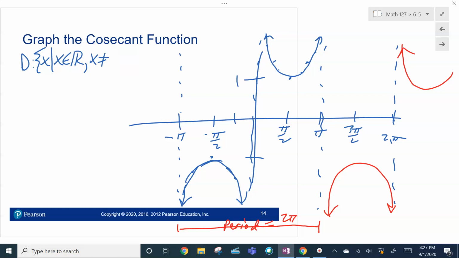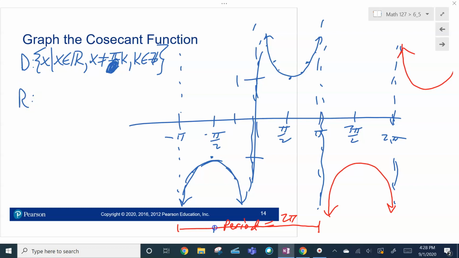So pi halves k, where k is an integer. I'm sorry, pi k, what am I doing? Pi k. Sorry about that. So 0, pi, 2 pi, and so on, right? Pi k, where k is an integer. So 0 plus minus pi plus minus 2 pi and so on is your domain.